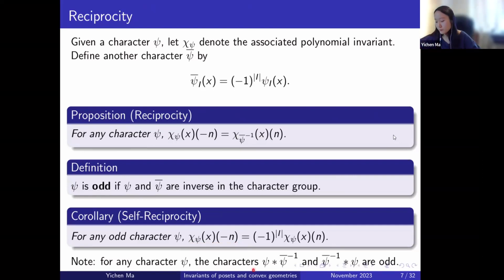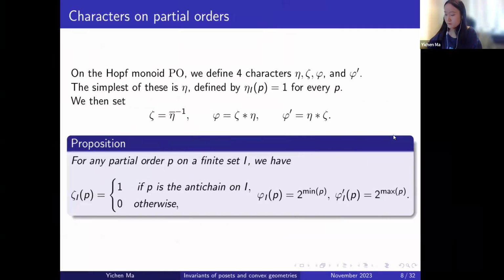That is, we can compute the convolution product of C and C bar inverse, or the convolution product of C bar inverse and C, changing the direction, and both characters are odd. Okay, so now let's determine the first and most specific example, on partial orders.